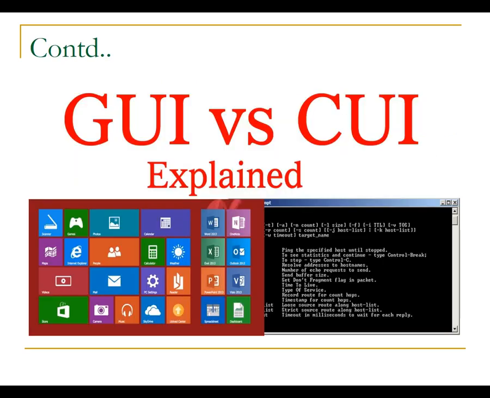So this particular screen shows the difference between GUI and CUI, where on the right hand side you will see the CUI screen which is totally blank and contains only valid commands, while on the left hand side you will see the screenshot of GUI which consists of several colors, icons and a proper screen layout, which is right now available in Windows 10.